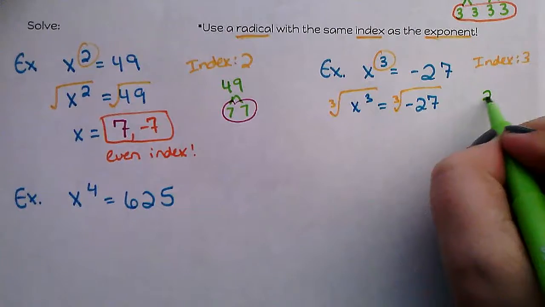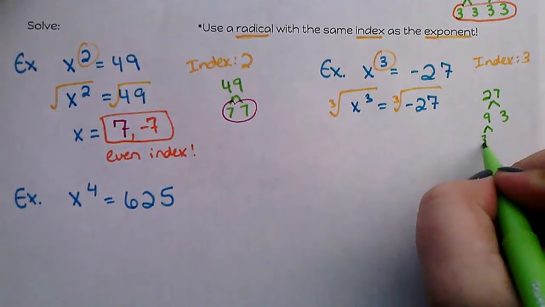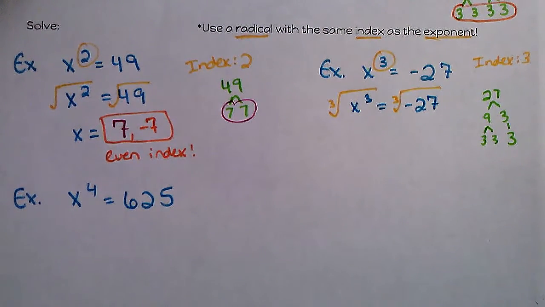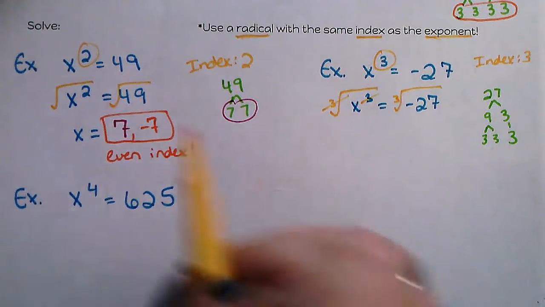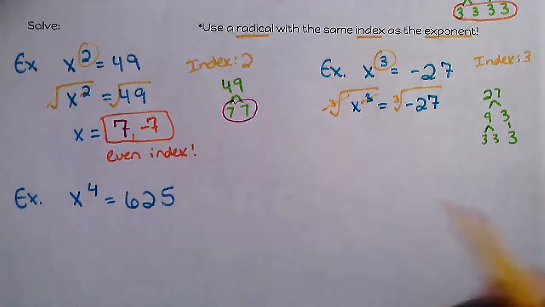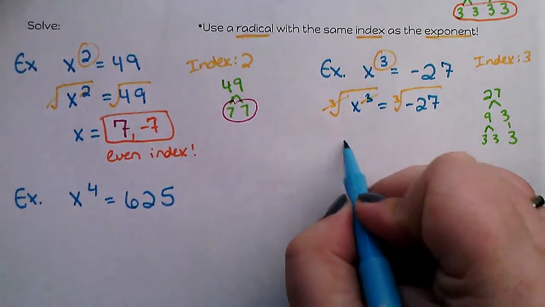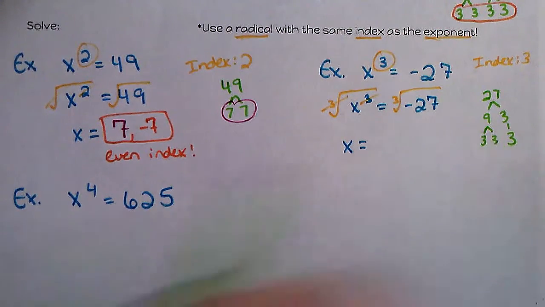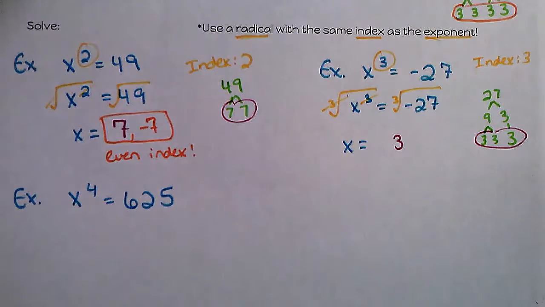So we're going to do a factor tree of 27. What happens, which I didn't explain on the last one, is that the radical and the power cancel each other. That's why we have to do a radical. That leaves me with just x. Now on this side, I have a group of 3s.